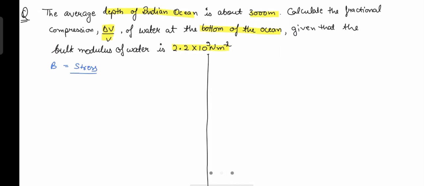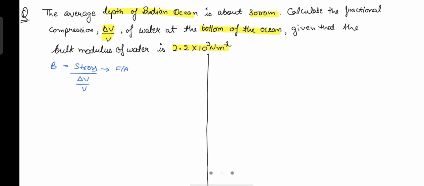Instead of strain, I can write del V upon V, because that is the value for strain. And what is this stress? It is nothing but the pressure, as I told you in the previous case also, that is force upon area technically.